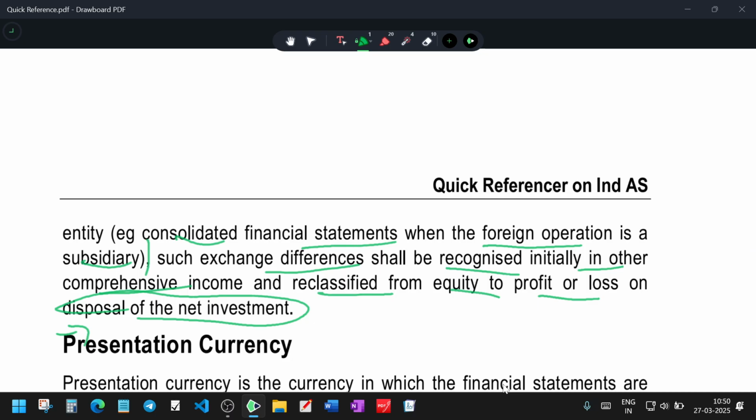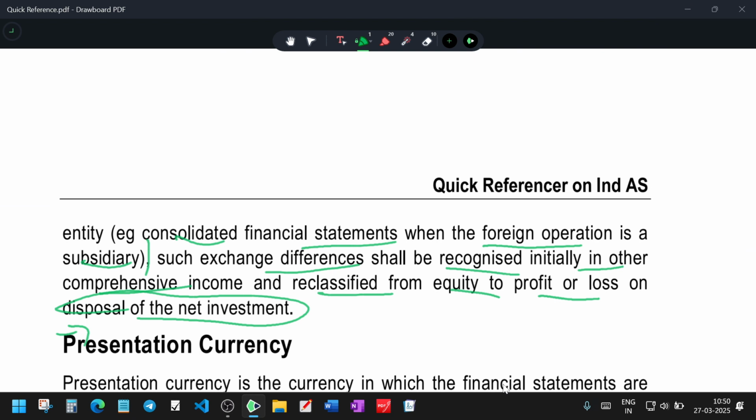Now I'm reclassifying from equity. When you reclassify from equity, you should transfer it to the P&L account. You can't just throw it away. The net effect will always come to P&L. That is being said here. I'll say it again.